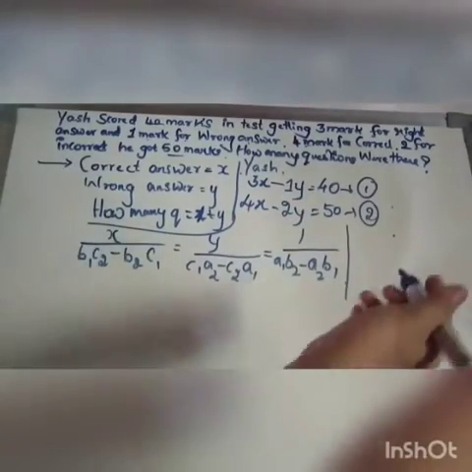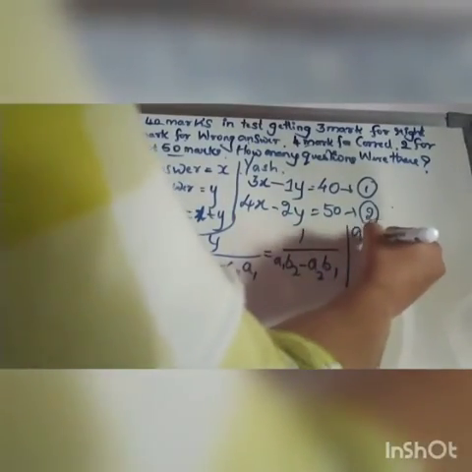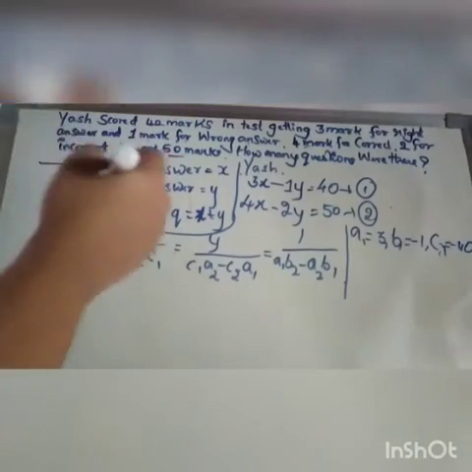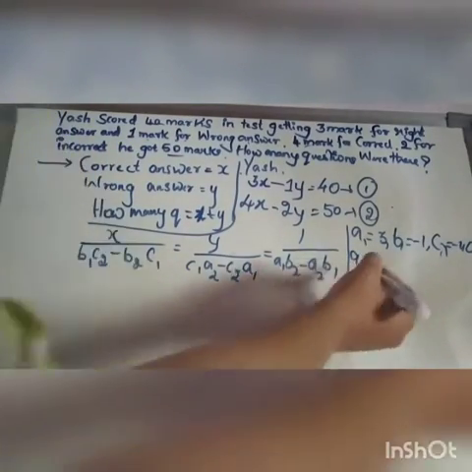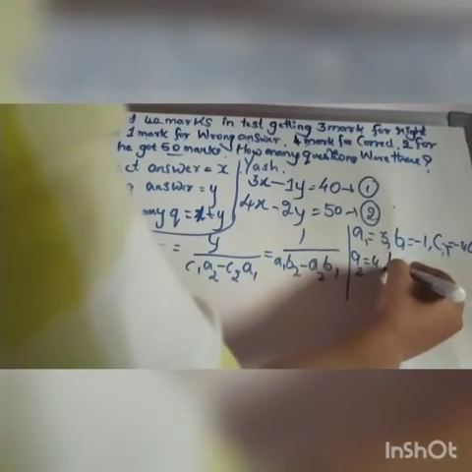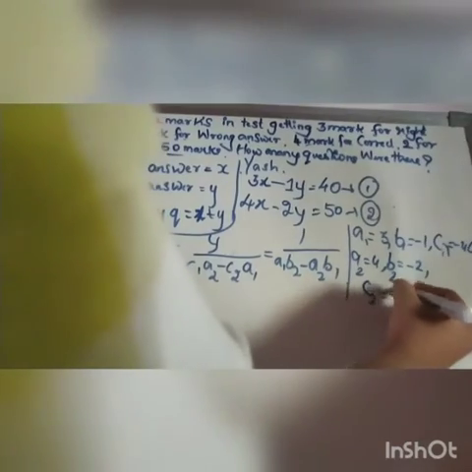The values we consider are: A1 is 3, B1 is minus 1, C1 is minus 40. Similarly, A2 is 4, B2 is minus 2, and C2 is minus 50.